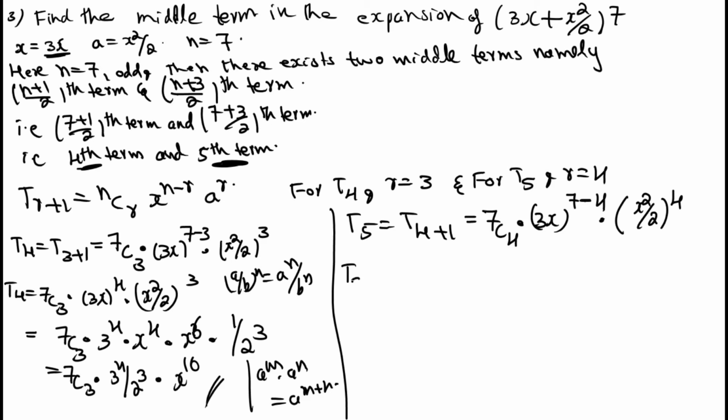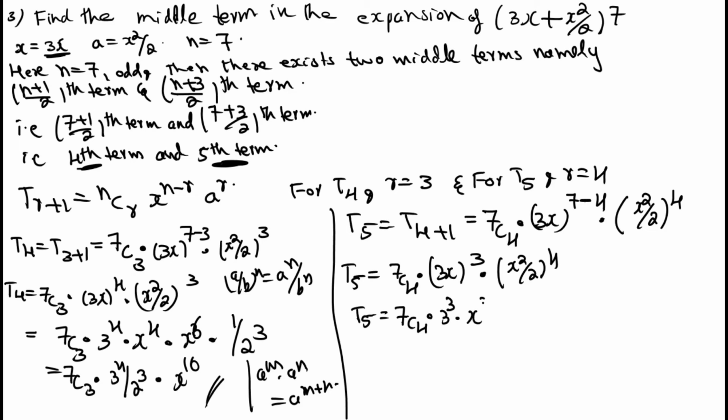So T5 is equal to 7C4 into (3x) to the power 7 minus 4, that is 3, into (x²/2)⁴. So T5 is equal to 7C4 into 3³ into x³ into x⁸ into 1 by 2⁴.